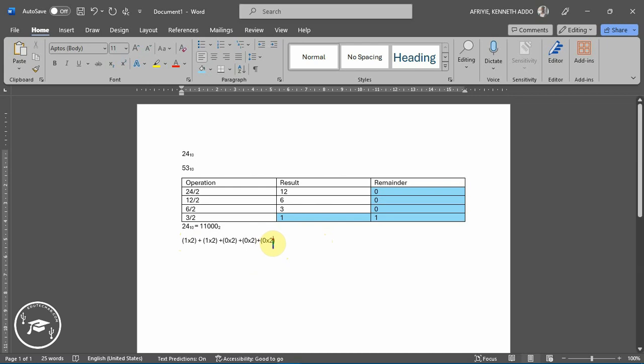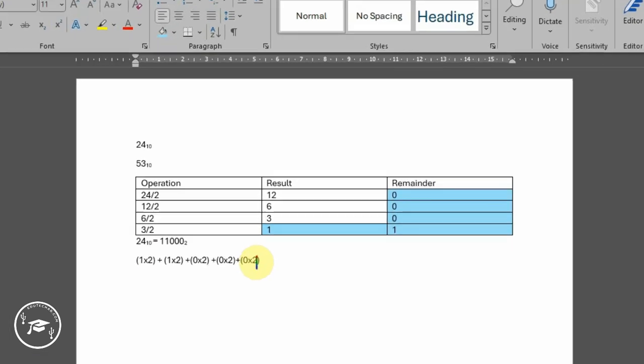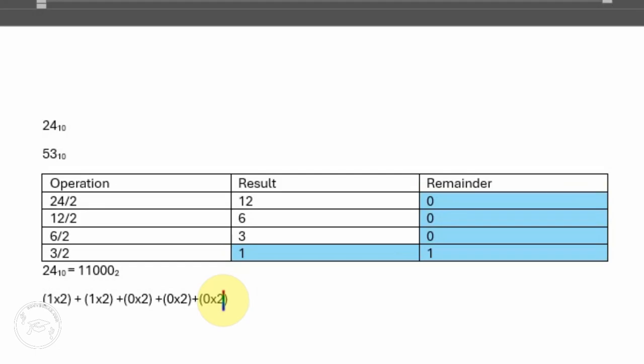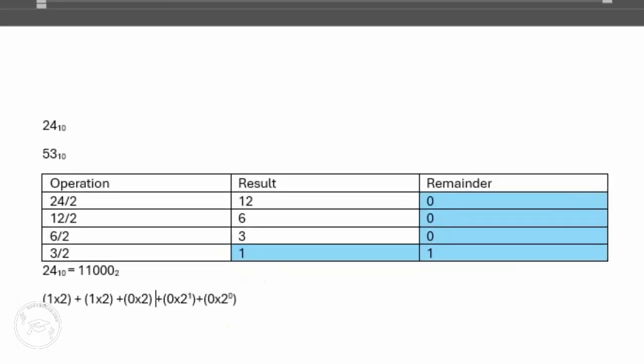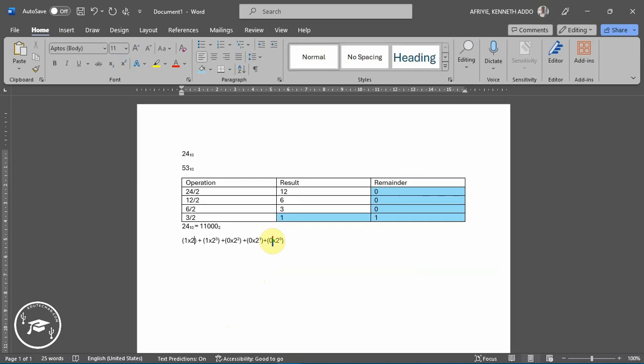Remember, we have to give them exponents starting from 0 up to the last 2. So for the first 2, we take 0, then we move on to the next one, 1, 2, 3, 4. Great.